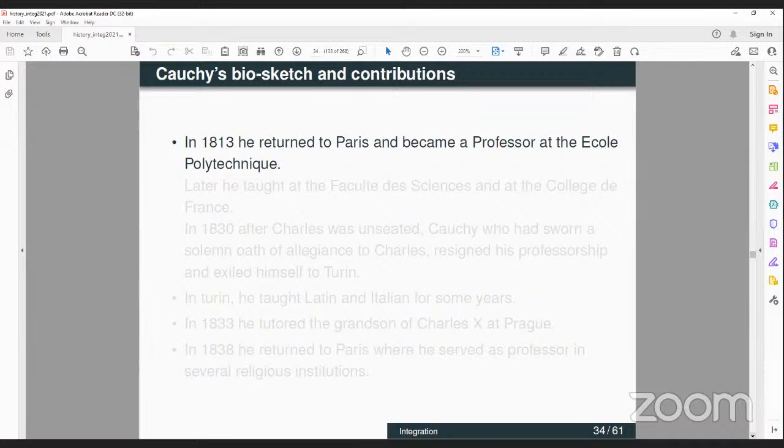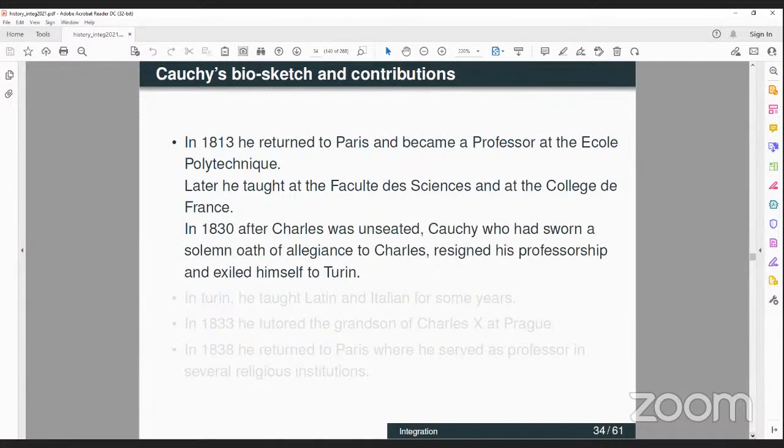In 1813, he returned to Paris and became a professor at École Polytechnique. Later he taught at the Faculté des Sciences and the Collège de France. At that time, King Charles was unseated. Cauchy had shown that he would be loyal to Charles, so once he was defeated, he left his job and exiled himself to a place in Italy called Turin.